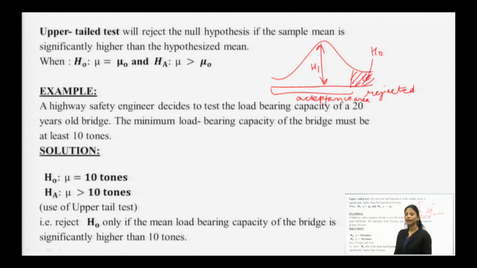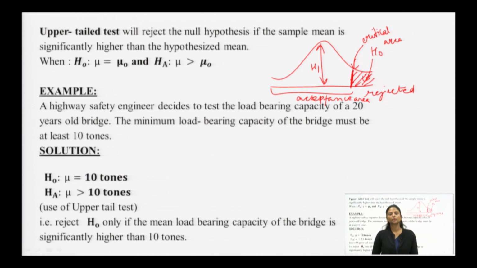Again, this is called the critical point, which tells me that after this point it has to be a rejection area, and before this point it has to be an acceptance area. It totally depends upon this critical point.